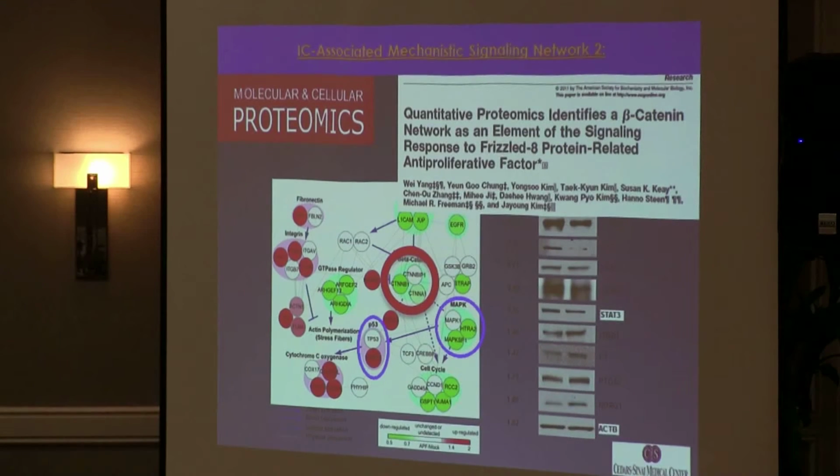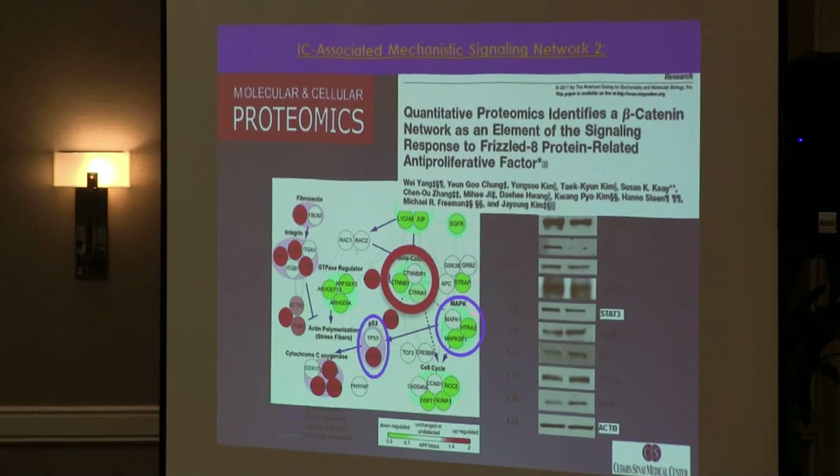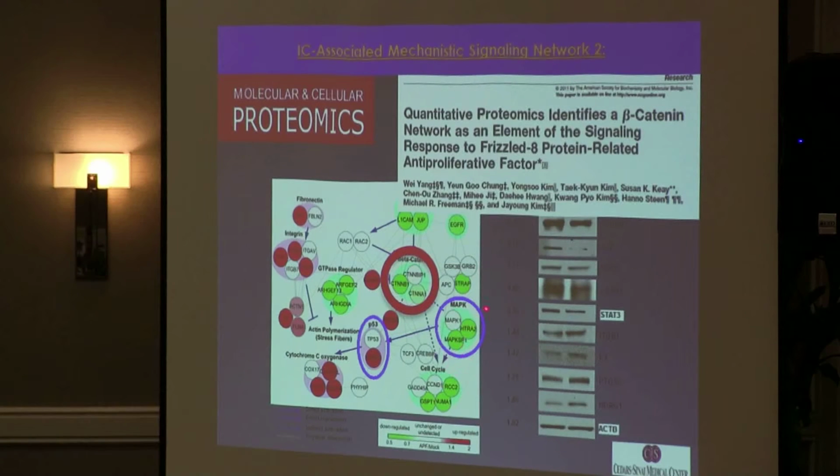And we also tried proteomic approaches in an in vitro system. We treated the bladder cells and compared them to non-treated cells. We found some interesting pathways were enriched, meaning downregulated or upregulated by APF treatment.